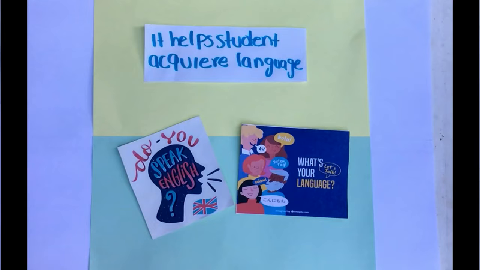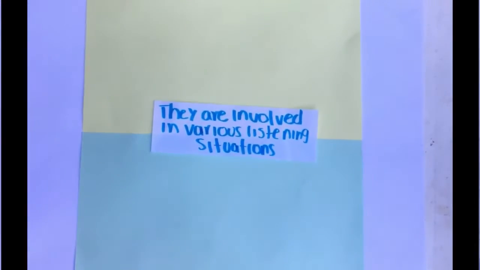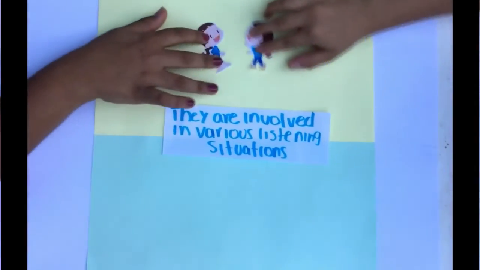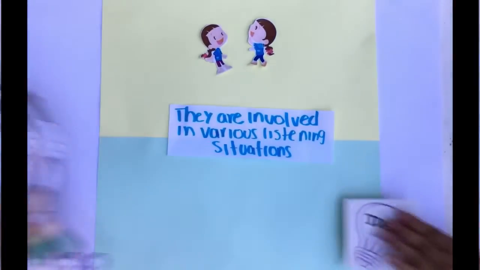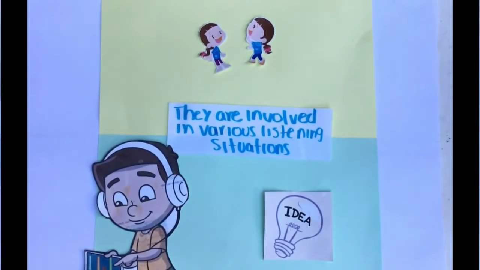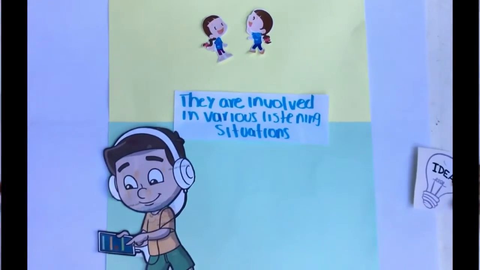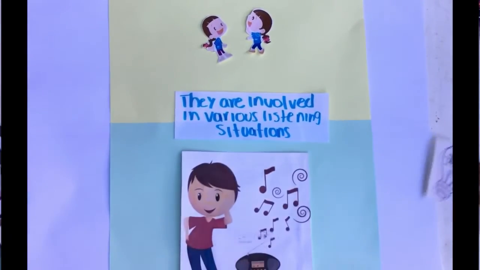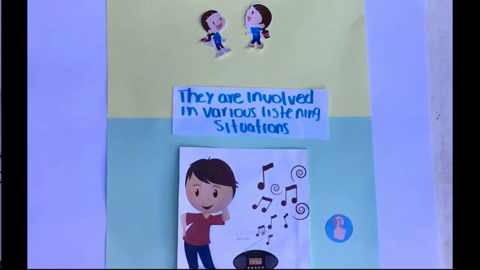Listening is the most critical communication skill. Students are involved in various listening situations 65% to 90% of the time, but most students have little or no training in listening instruction. Little listening instruction may be due to a lack of preparation, time, or material.